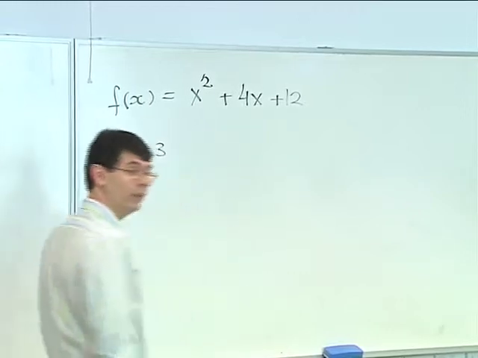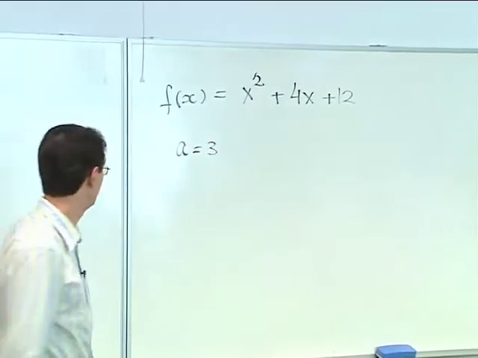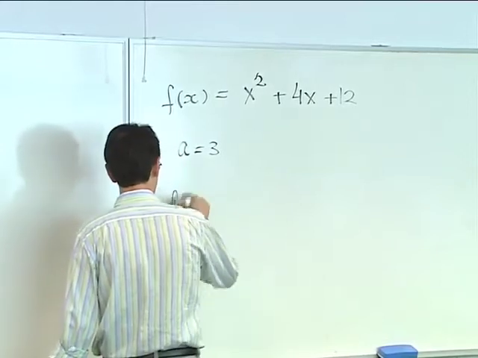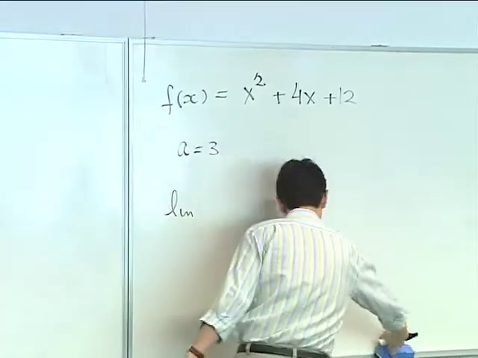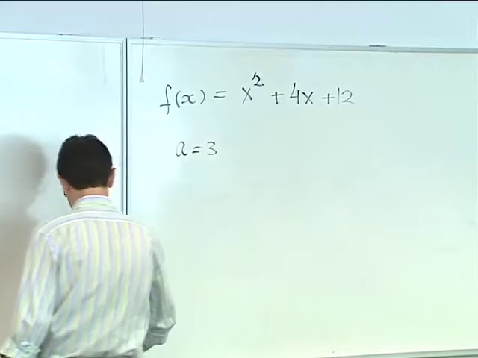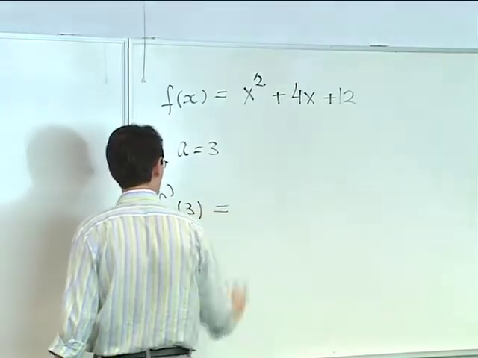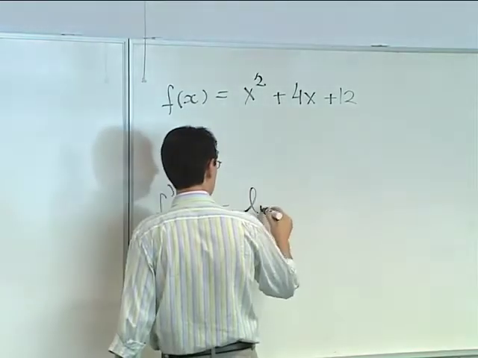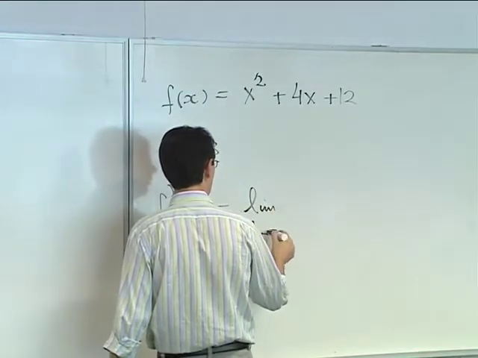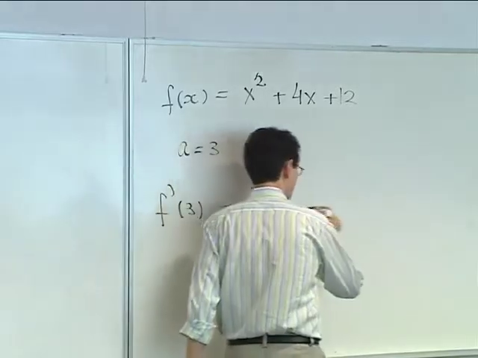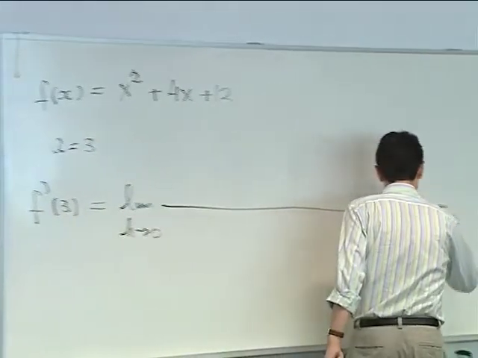So what you need to do is this. Here's what you need to do. F prime at 3 is the limit when h goes to 0 of, I'm going to leave plenty of room here.